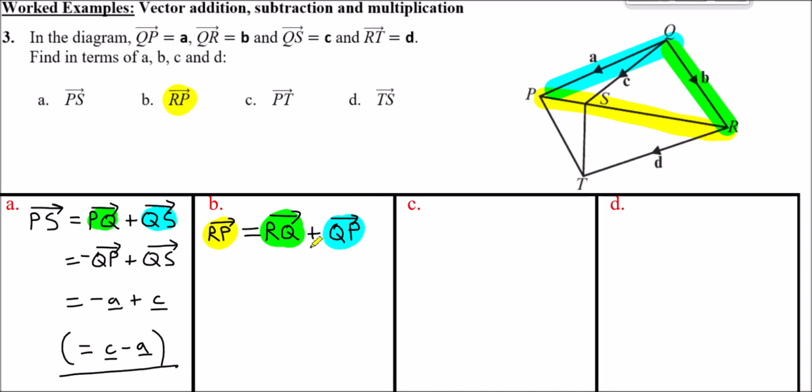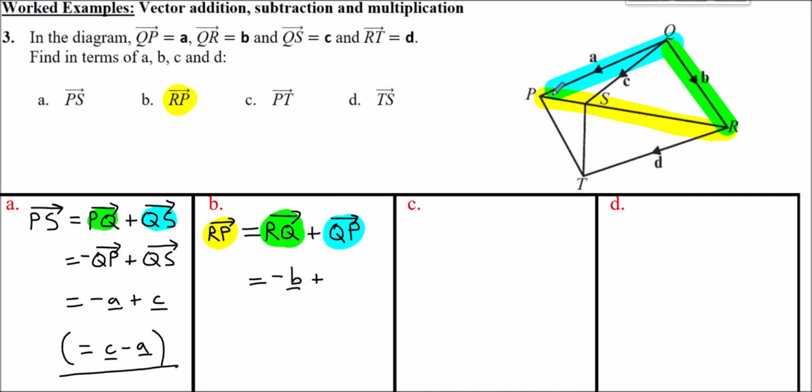Now consider RQ. From Q to R is B. Okay, so from Q to R, like you can see here, that's B. So from R to Q, because it's the same road, the same line, but going the opposite way to the direction of B, this is going to be minus B. QR is B, therefore RQ is minus B. And plus, so put a plus here.